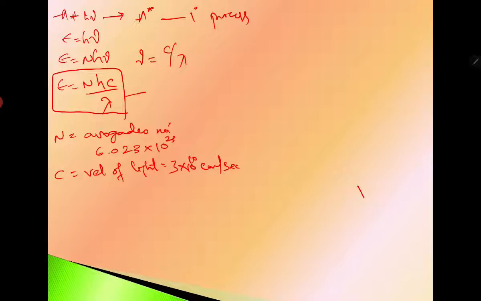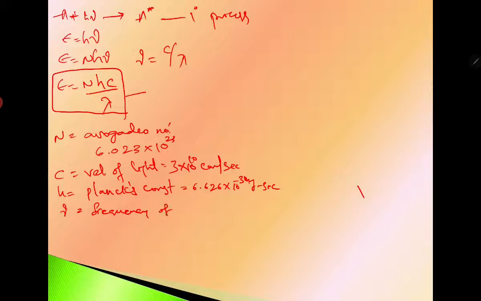And h is Planck's constant, which is given by 6.626 × 10^-34 joule seconds. And ν is the frequency of the radiation that is absorbed, the frequency of the absorbed radiation.